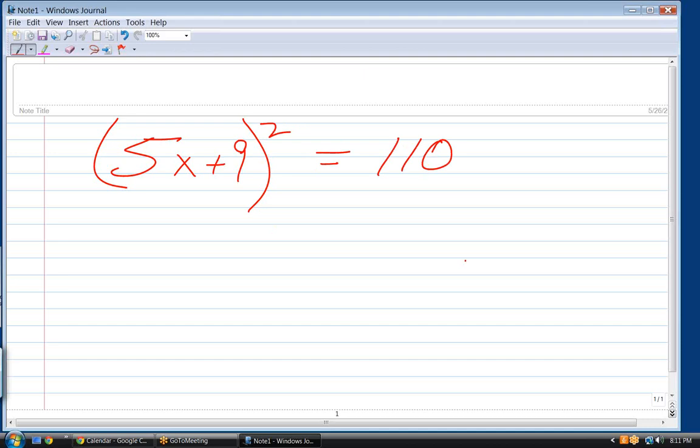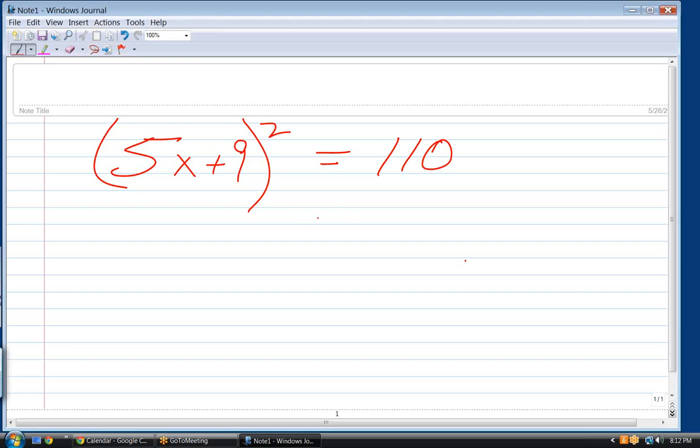What's the first thing you'd want to do here? Square the 5x plus 9. Actually not. That's what most people want to do. That's what most people are inclined to do. But there's a much quicker way to solve this problem. Is it square root? Yes, take the square root of both sides immediately.